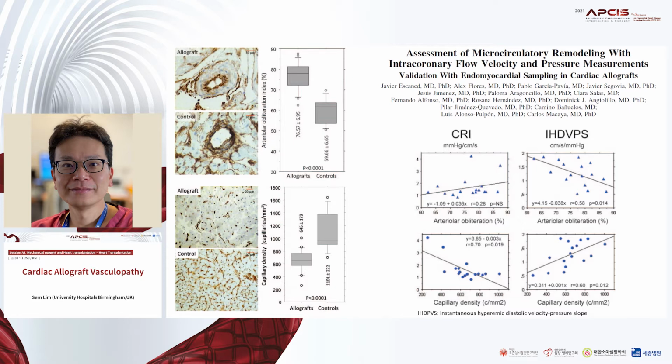So this instantaneous hyperemic diastolic velocity pressure slope appears to correlate reasonably well with arteriolar changes and also loss of capillary density, suggesting that this may be a useful parameter in the assessment of microvascular changes.